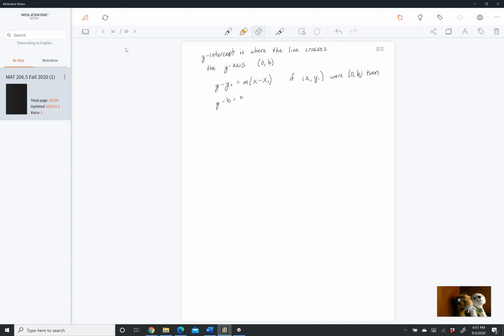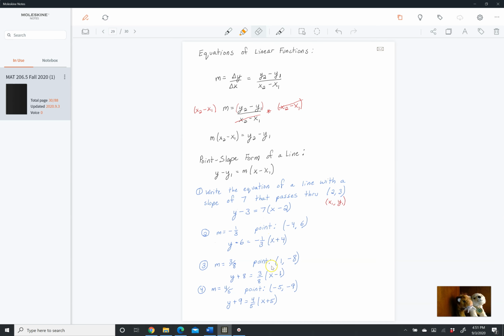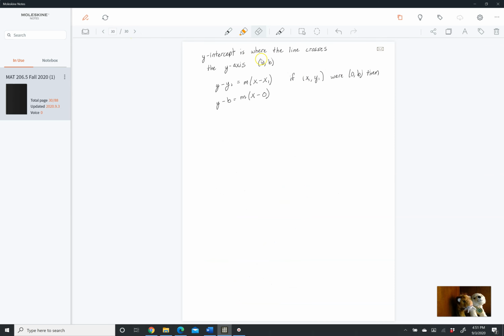And instead of x minus x1, we have x minus 0. So just like in the previous ones, we plugged in the x value over here, the x value for the point, and then we took the y value and plugged it in here. We're doing exactly the same thing. It's just that our x value in this case is 0. So the 0 goes here, and our y value is b, so the b goes here.